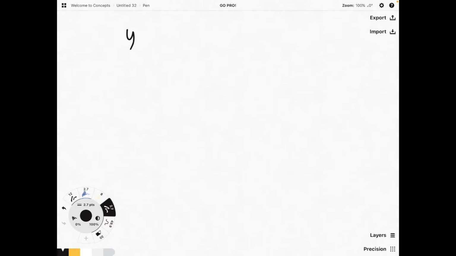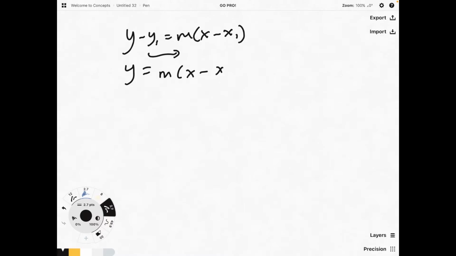And so if you have your arbitrary y minus y1 equals m times (x minus x1), then you're solving for y, which means you're bringing this value over to the right side. You're left with m multiplied by (x minus x1), and now we're adding y1 to this side. If we simplify, we get y equals mx minus mx1 plus y1.